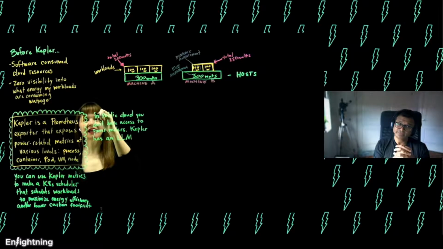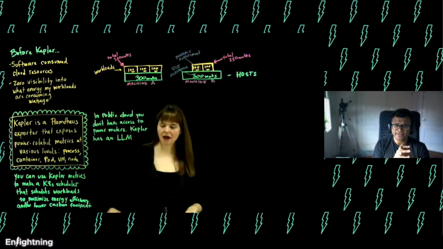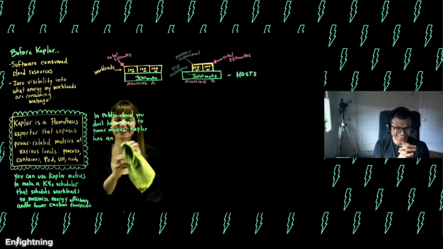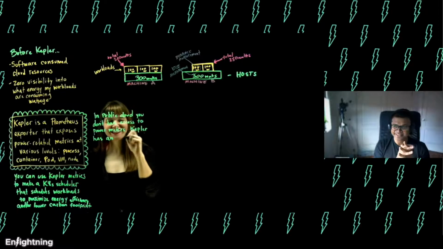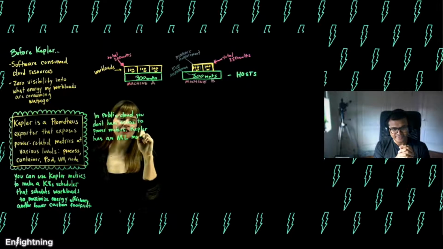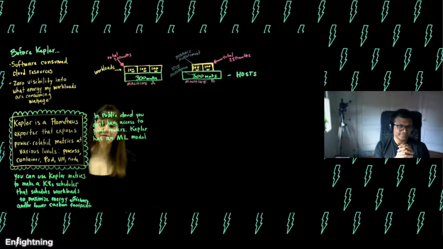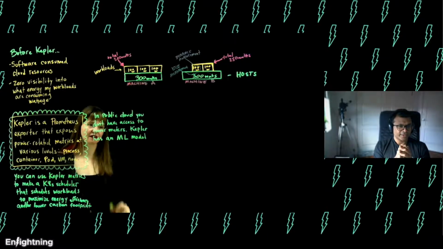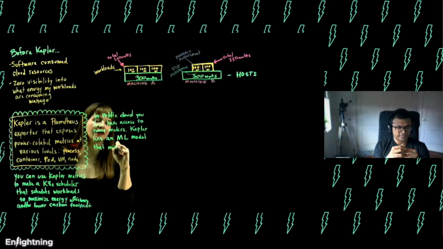So Kepler has a machine learning model. I wouldn't call it an LLM. It's a simple machine learning model that mimics what a power meter does.